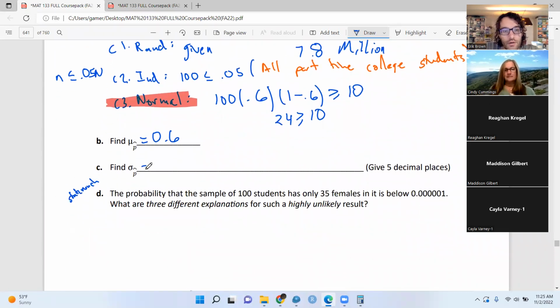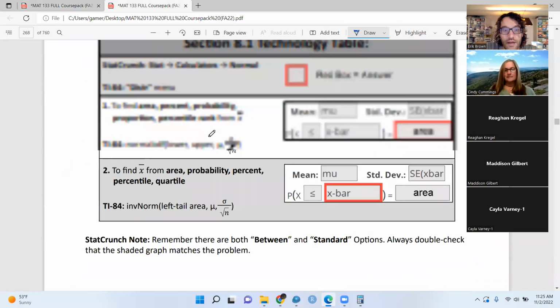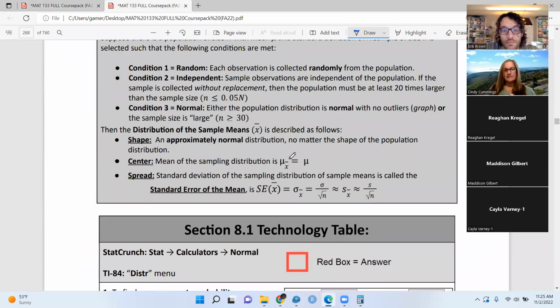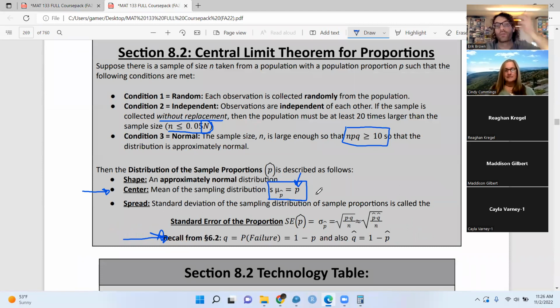How about this one? This is the other thing that's different. If you think back to 8.1, it was just the mean of the sample means was the mean of the population. Down here, because we're working with proportions, the mean of the sample proportions is the population proportion.